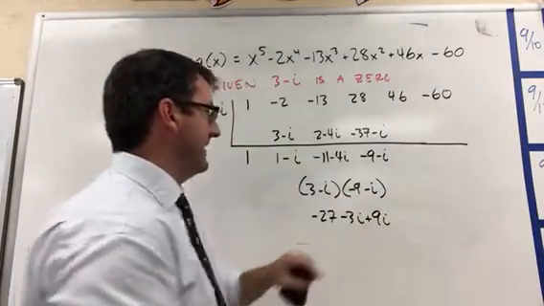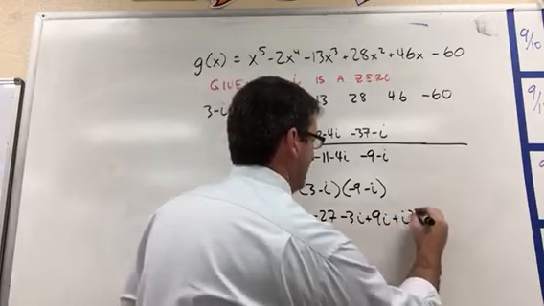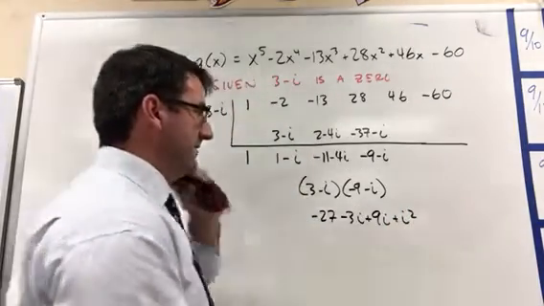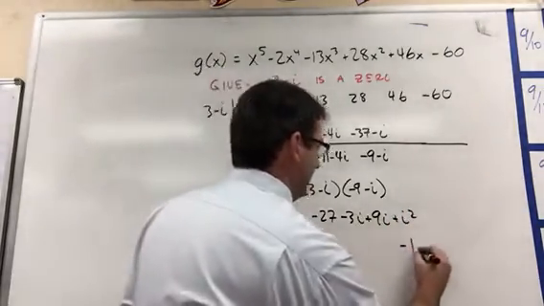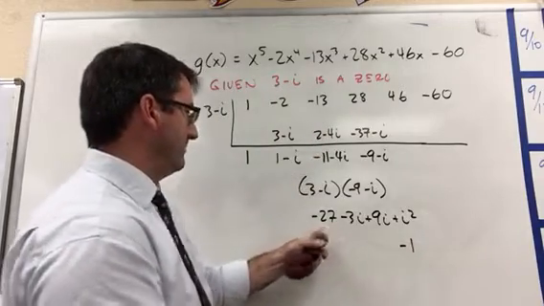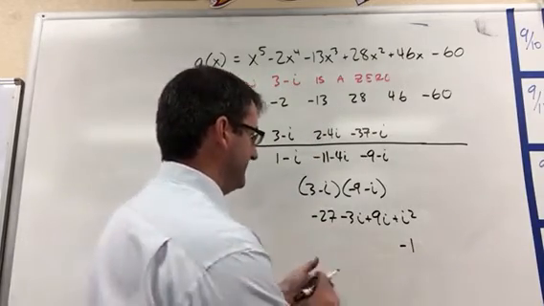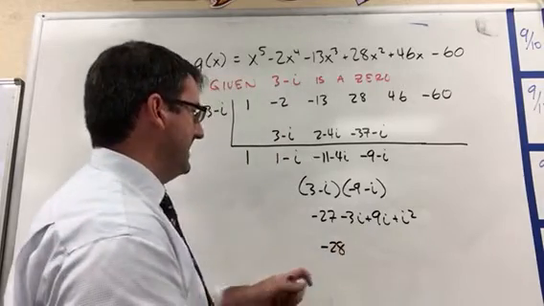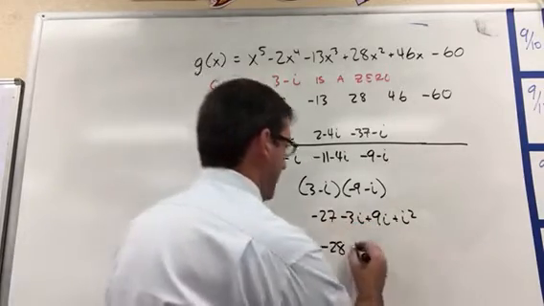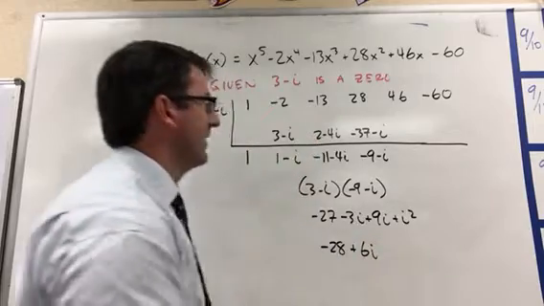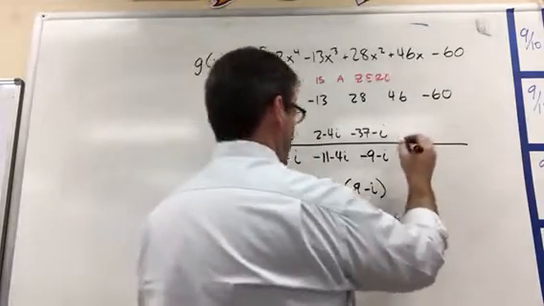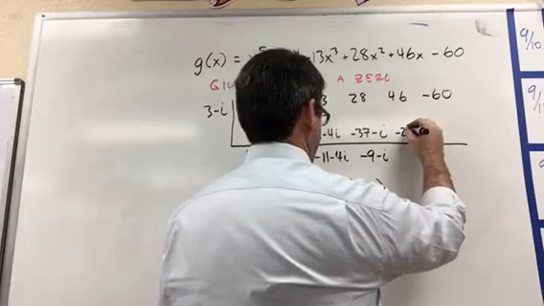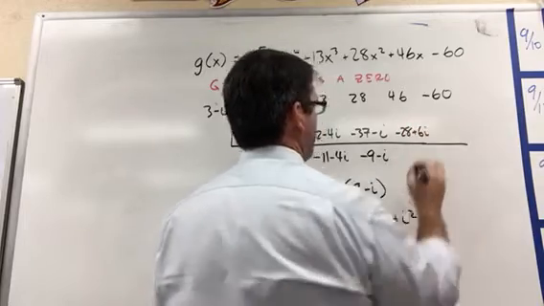And negative i times negative i is positive i squared. So remember, positive i squared is going to be negative 1. Minus 27, that's going to give us negative 28, plus 6i. All right, so we put that up here, negative 28 plus 6i.